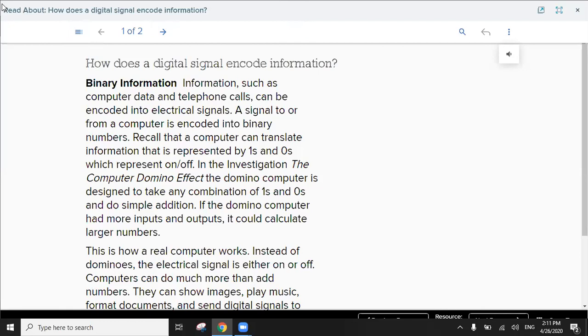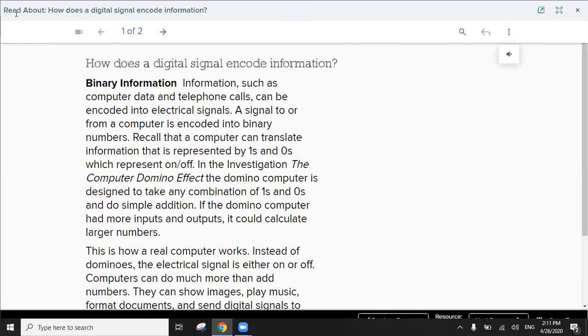So it's called binary information that the computer needs to encode for this digital signal to work, as information such as computer data and telephone calls can be encoded into electrical signal codes.